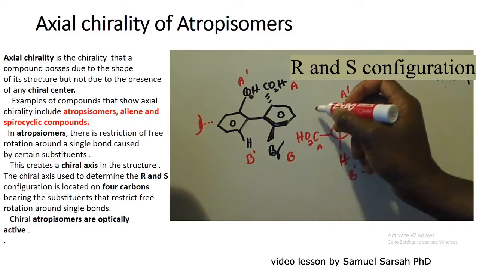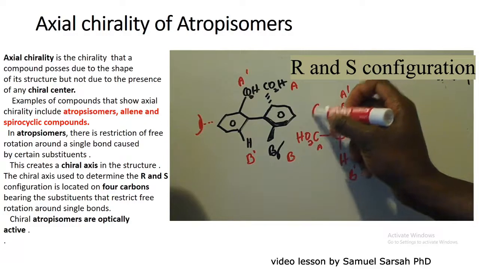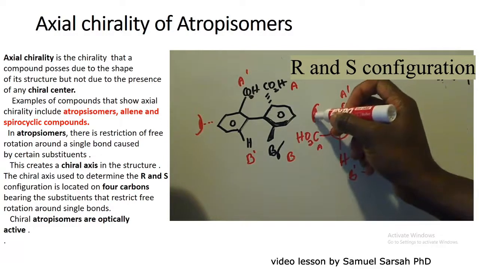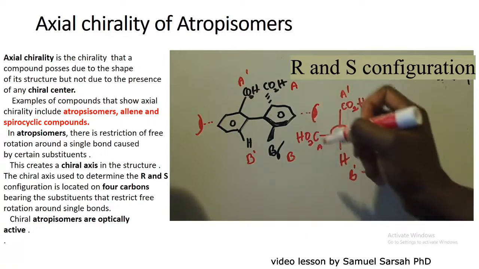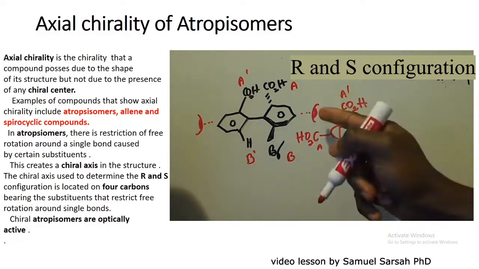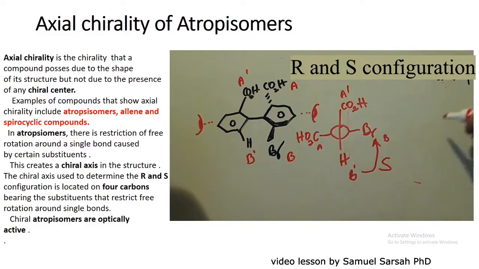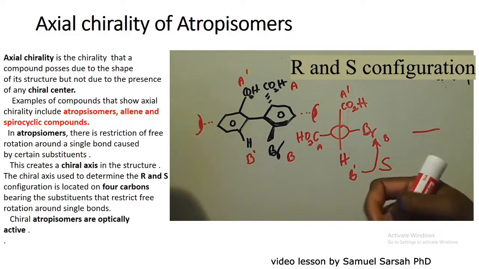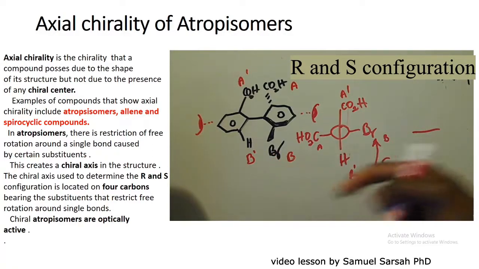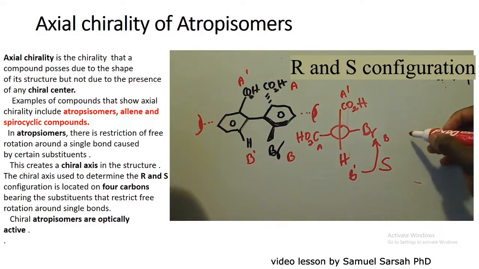So I'm going to assume that I'm standing here. If I'm standing here, I will see A and B first. And bromine will be on my left, and the carboxylic acid on my right.